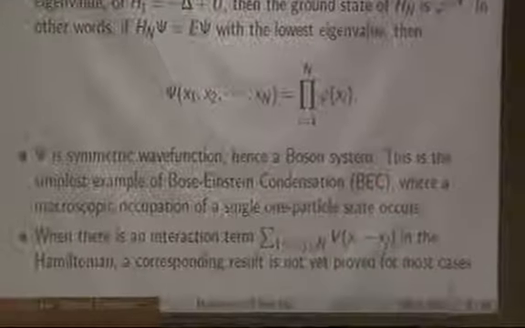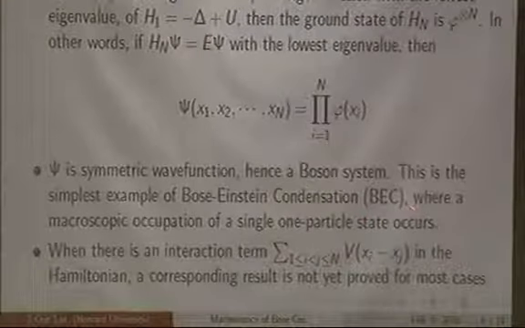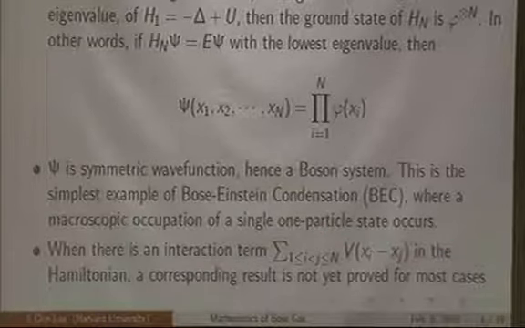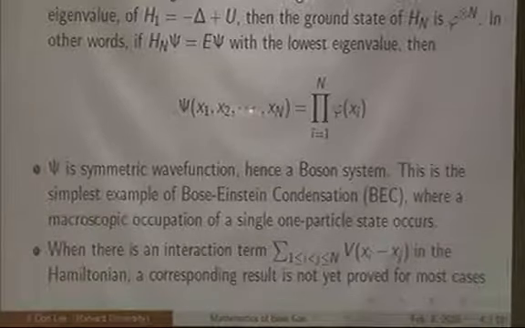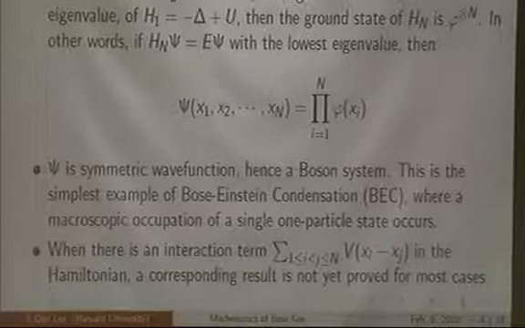And this is the simplest example of Bose-Einstein condensation, which people just call BEC, where a macroscopic occupation of a single one-particle state occurs. So if we want to know the physical properties of this psi, the ground state, then we only need to know this one-particle ground state, and every particle is in the same ground state.